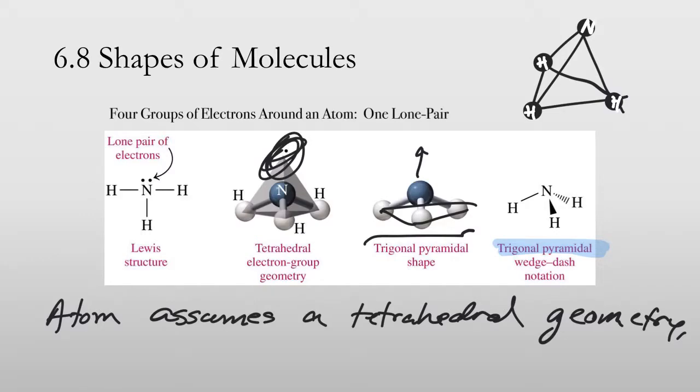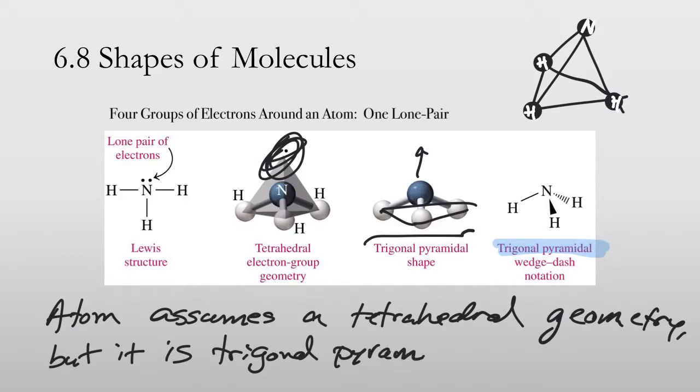All right, so we call that a trigonal pyramidal. Now, keep in mind, this applies to any set of atoms. When there's 1 lone pair and 3 atoms bonded to it, it will always be trigonal pyramidal.